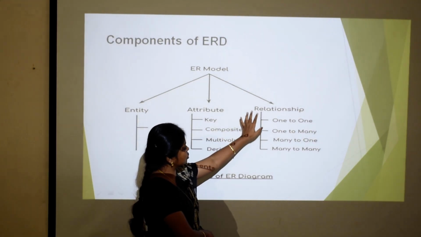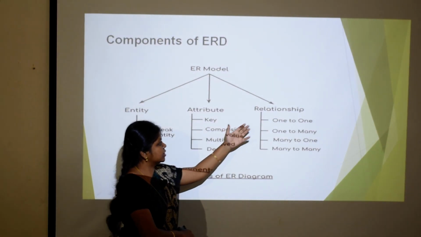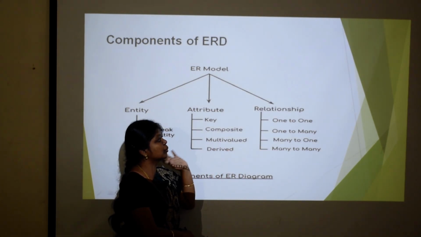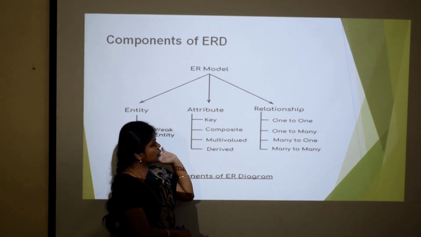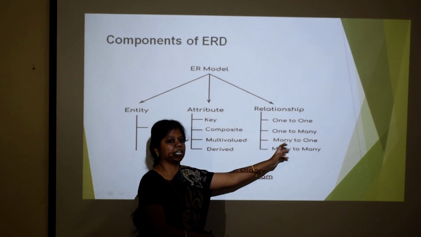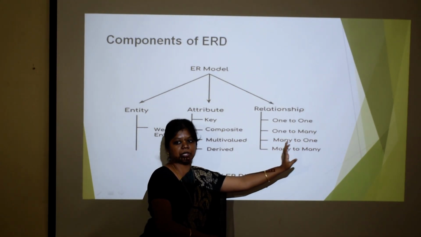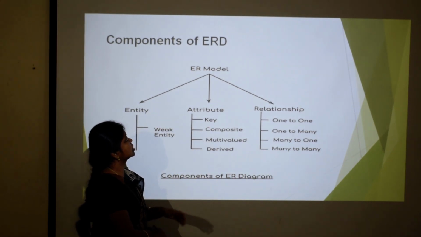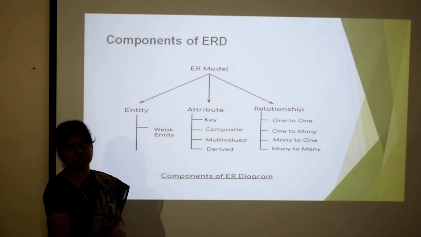And relationship also has many cardinalities, that is, how it is related to other entities. Between the entities you have one-to-one, one-to-many, many-to-one, or many-to-many relationships. So these are the components present in the entity relationship diagram.